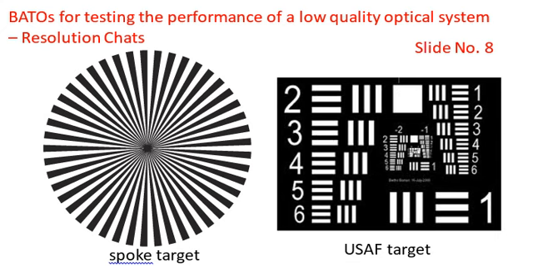So the spatial frequency for the spoke target is highest in the center, and as you go away from the center the spatial frequency will continuously decrease, and ultimately at the edges it will come to some minimum value. The spoke target provides you a continuous range of spatial frequencies.